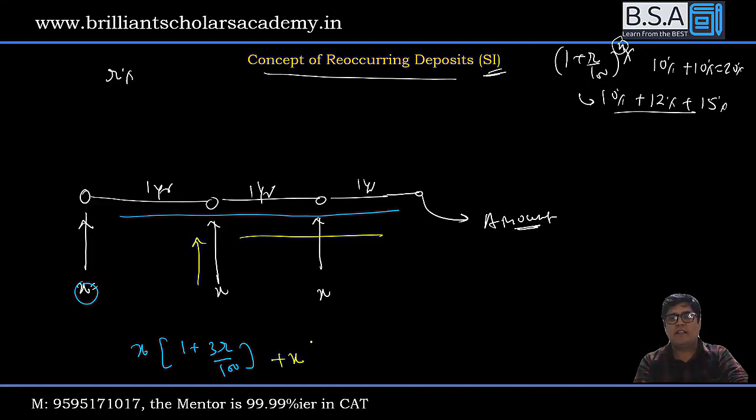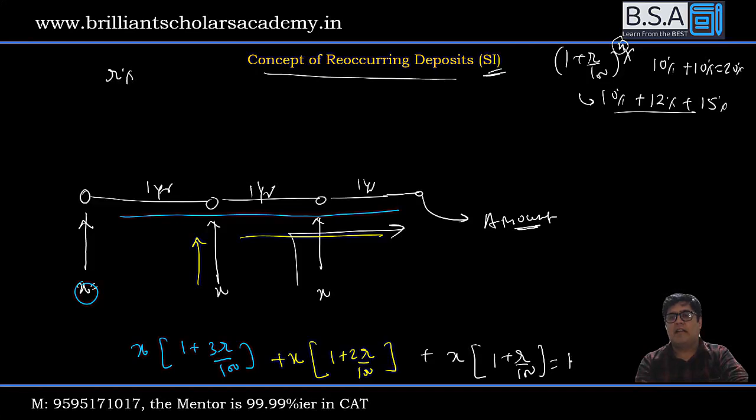So this increases by R plus R. And the last one is in the bank only for 1 year. So it only increases by R. That is the amount you will take home.